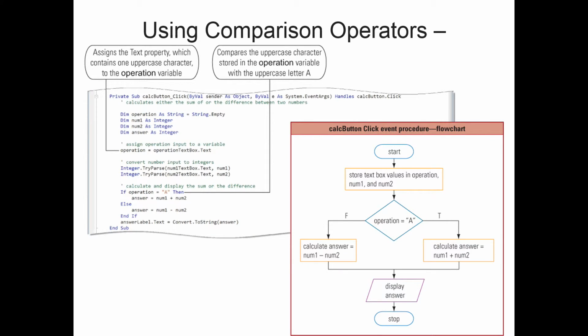And after that, we just display in the answer label the text, which is whatever's stored in the variable answer, converted to a string, and put it in the label. The flow diagram basically shows the idea.